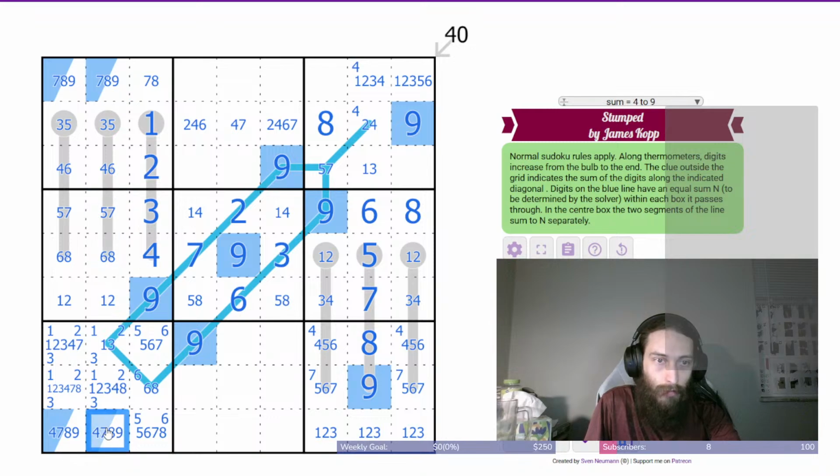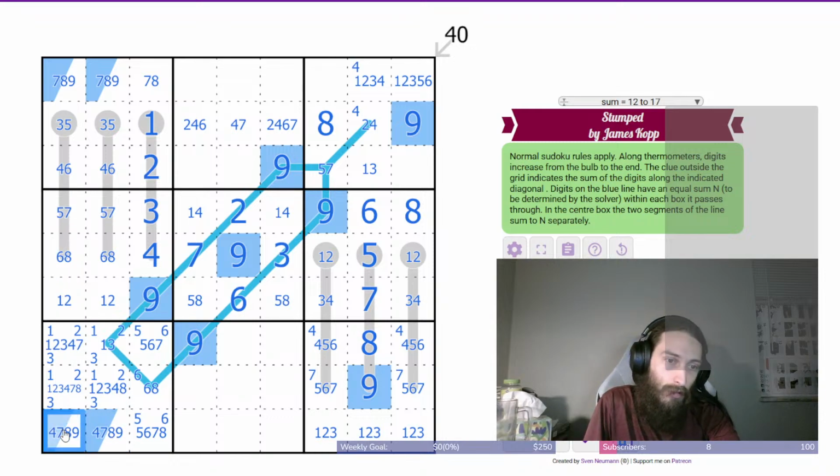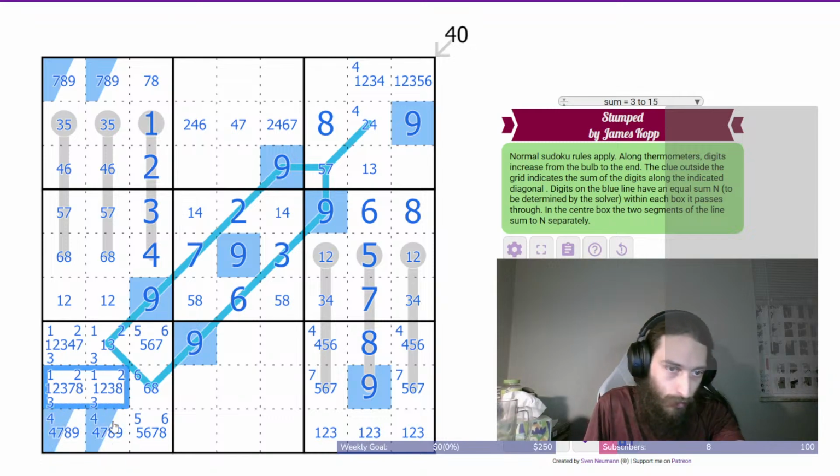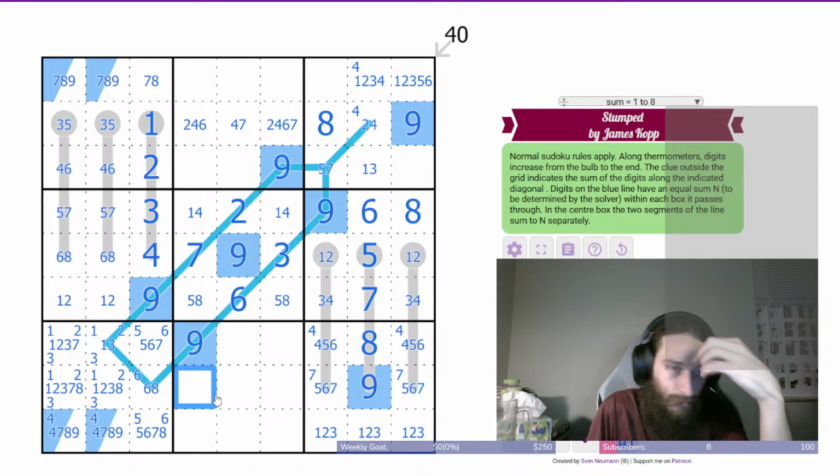So that would end up being a 4. And if you put it over here, then that's a 4. So one of these two is 4, so 4 comes out of the rest.